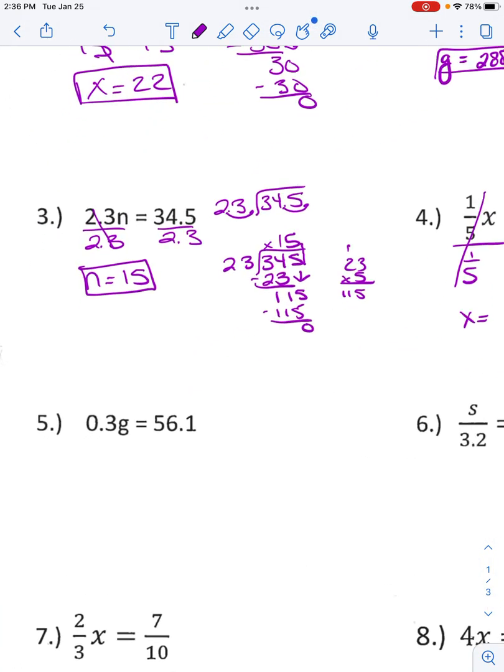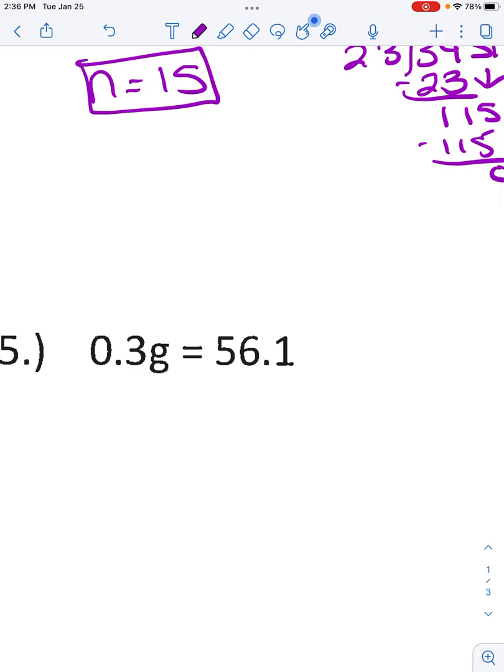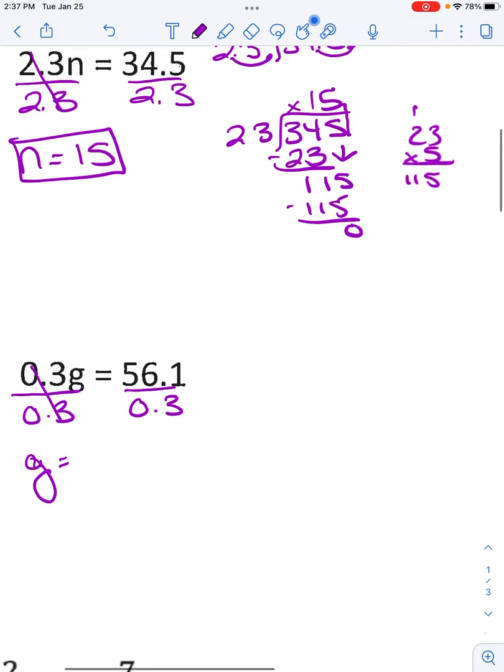Number 5, a number next to a letter means multiplication. The inverse of multiplying would be dividing by 0.3 to get the g by itself. 56.1 divided by 0.3. You may not have a decimal on the outside.